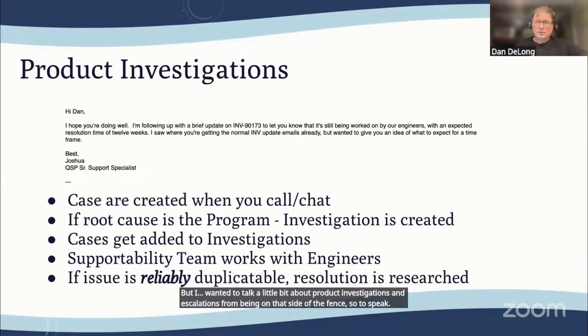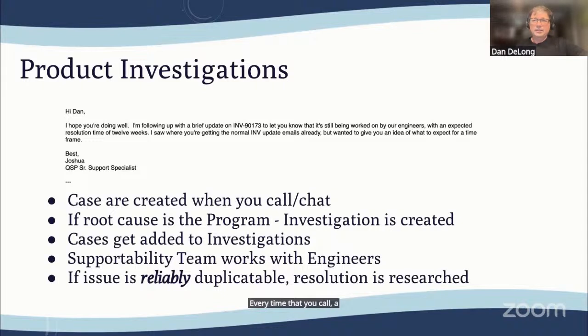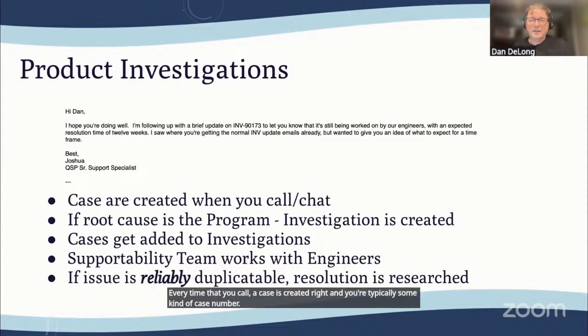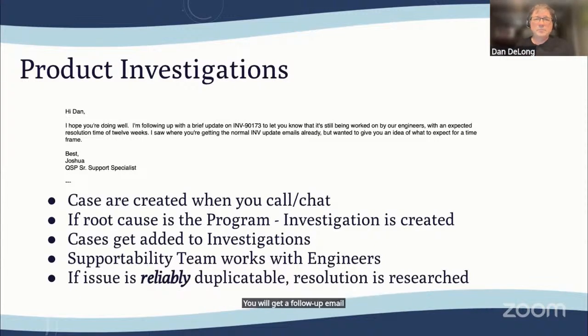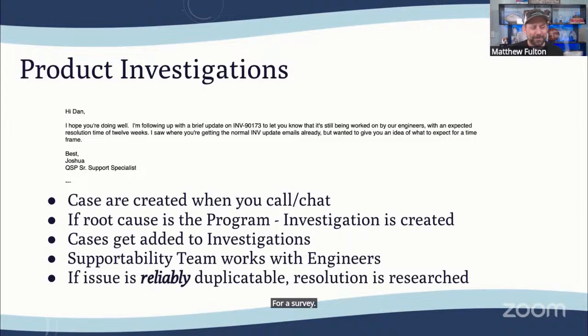Every time that you call, a case is created, right? And you're typically given some kind of case number. You will get, or you should get, a follow-up email asking how your experience was, because that case is created.